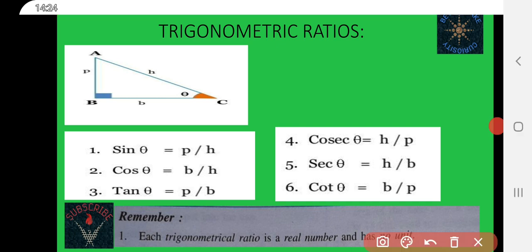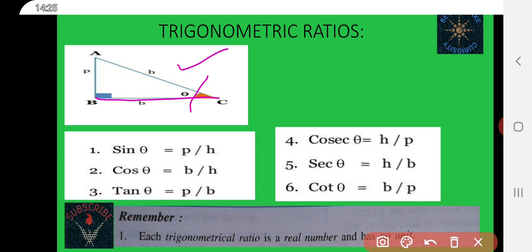Okay, see, here is a right angle triangle where we take angle C. So P is your AB, H is your AC, B is your base, that is BC.